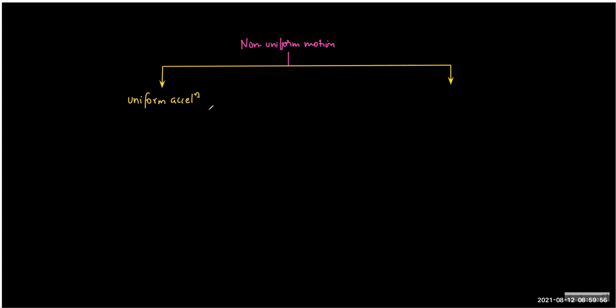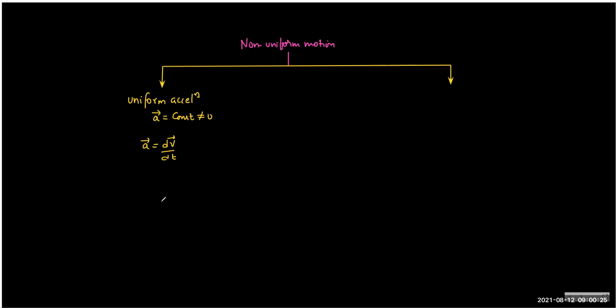Uniform acceleration means a is constant and non-zero. In such a case, you will start with this equation, and from this equation you can derive all the other equations, which are called the kinematical equations. So you will get all the kinematical equations which we have already discussed.